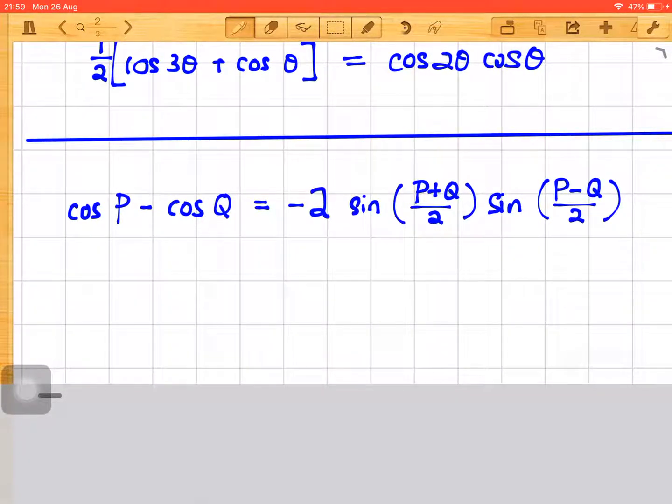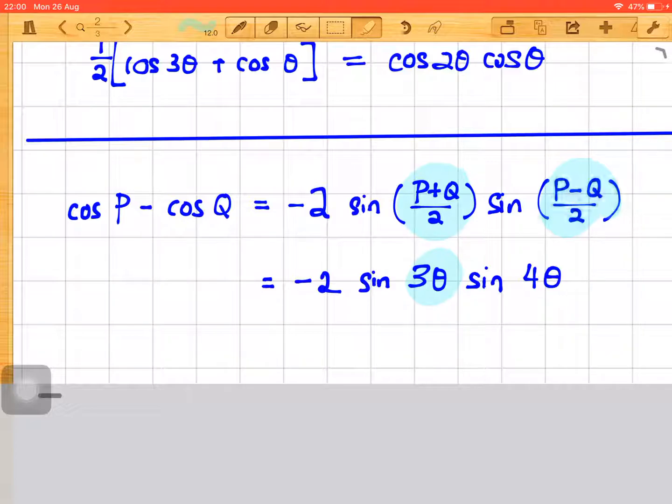So the question that you have is sine 3 theta and sine 4 theta. So like just now, you can copy the negative 2 and you just compare this one with this one, this one with this one.